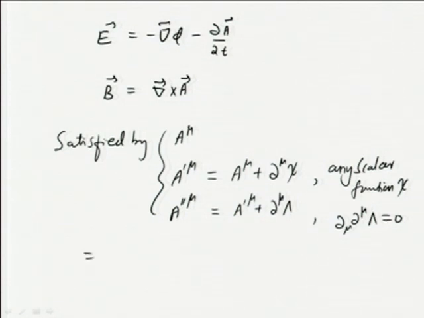And this gives dou mu A prime mu is equal to 0, and also dou mu A double prime mu equal to 0, divergenceless.